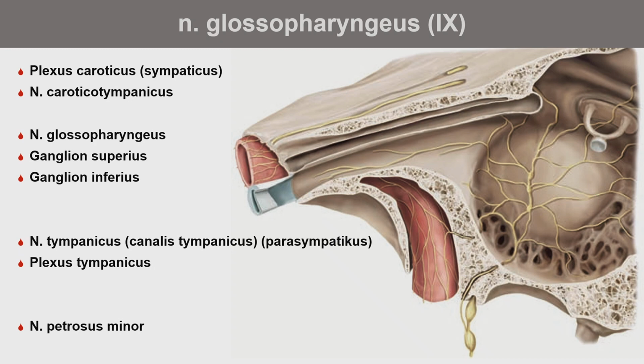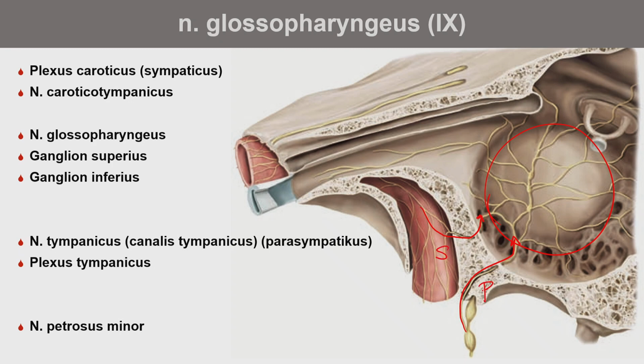The glossopharyngeal nerve is then very important for innervation of salivary glands, and what is much more interesting, we have a tympanal nerve, which is a nerve going into the tympanal cavity, making a plexus here, and also here are going important fibers which are sympathicus.